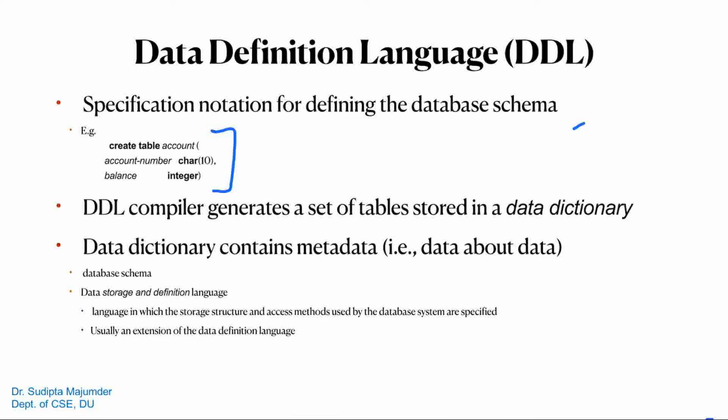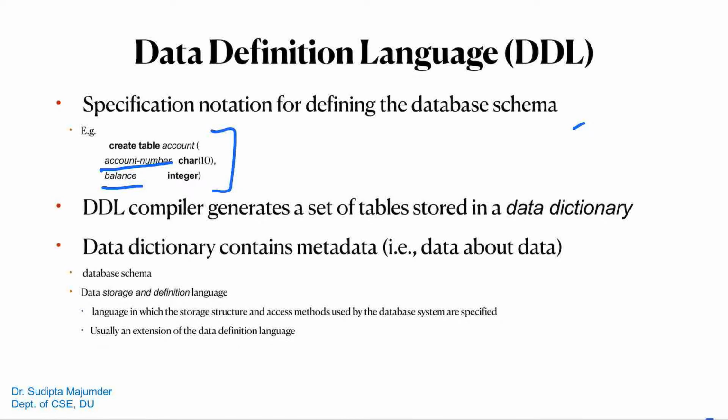With the help of this statement, the DDL, or the data definition language, creates a table named account, which has two attributes named account number and balance. The account number is of character type, whereas the balance is of integer type.